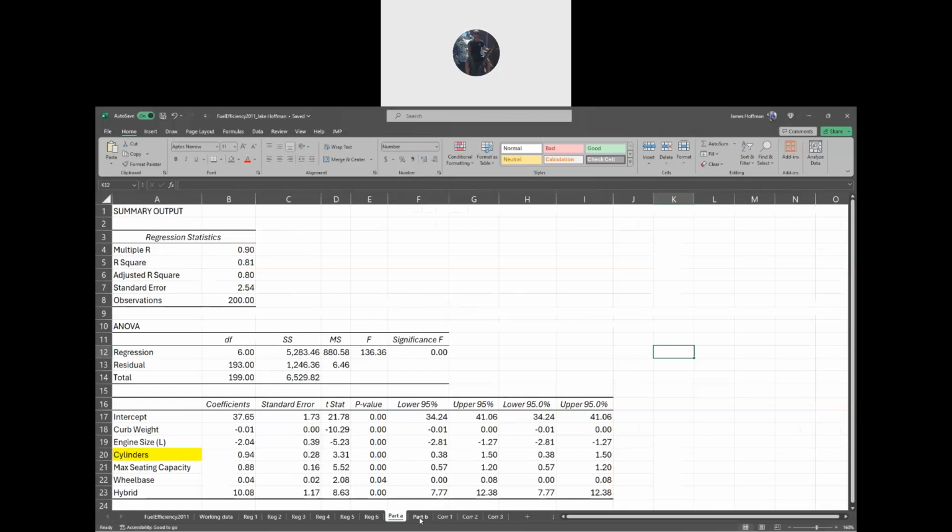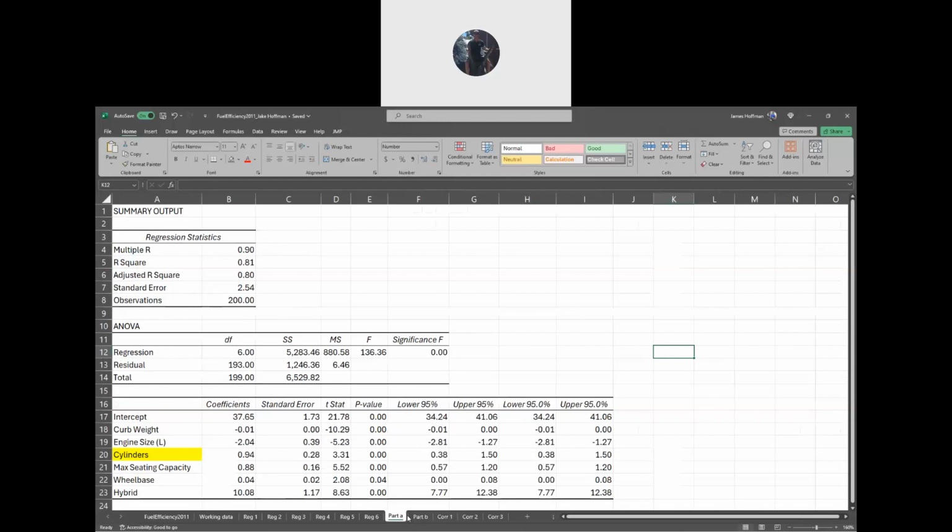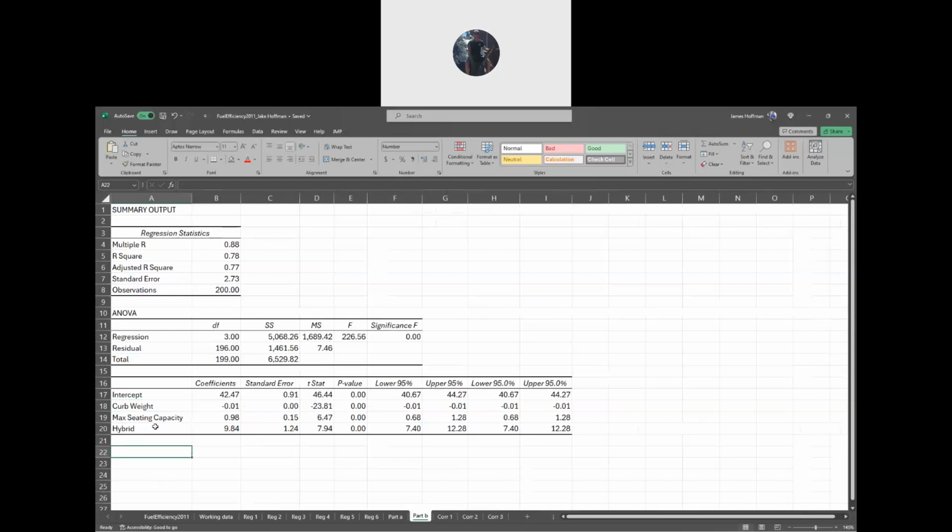But if you want to be able to interpret the coefficients without bias, you want to use part B because otherwise those variables have correlations and you can't interpret the coefficients. So there's 2 ways to arrive at the conclusion. If you just want to predict miles per gallon, go with part A. If you want a meaningful interpretation of each coefficient going forward, use part B.